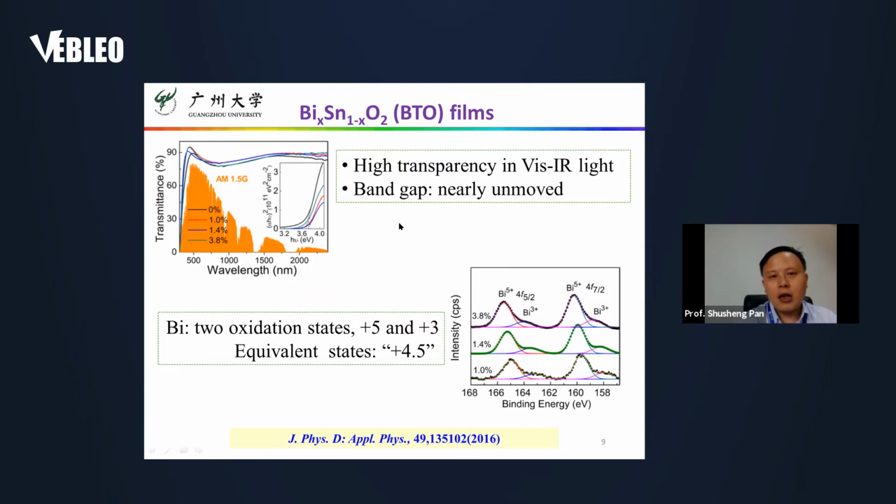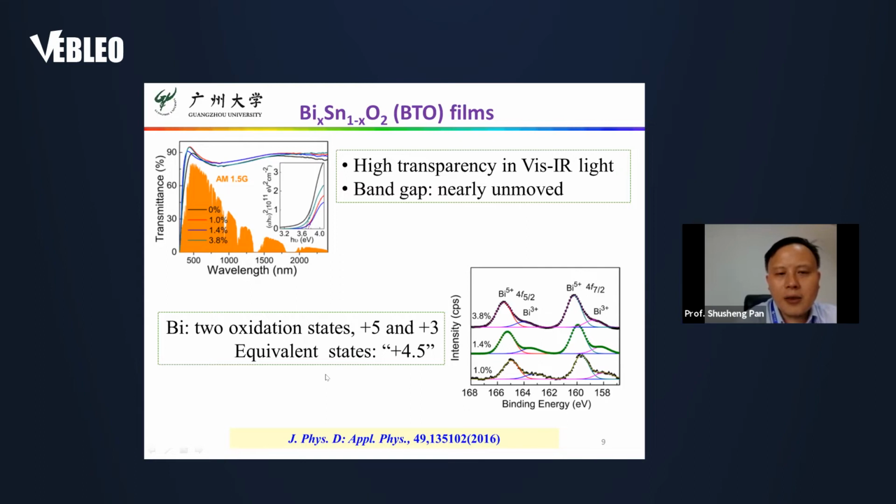We have prepared the bismuth doped tin oxide by magnetron sputtering, and the bismuth doped tin oxide has high transparency in the UV, visible, and NIR, near infrared light range, and the band gap is nearly unmoved.